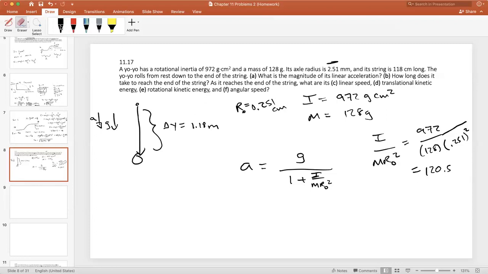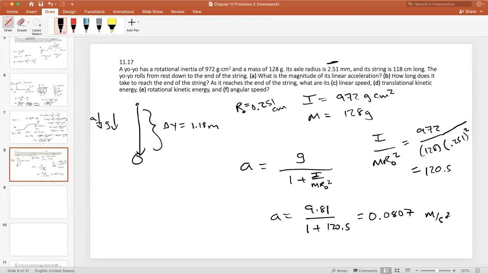Putting that in here, so my A is 9.81 divided by 1 plus 120.5, which is something very small. So 9.81 divided by 1 plus my answer is 0.0807 meters per second squared.